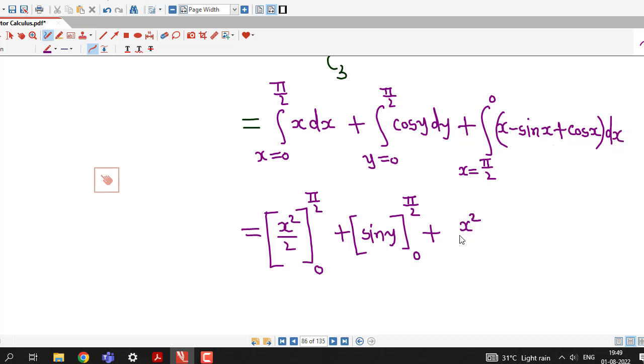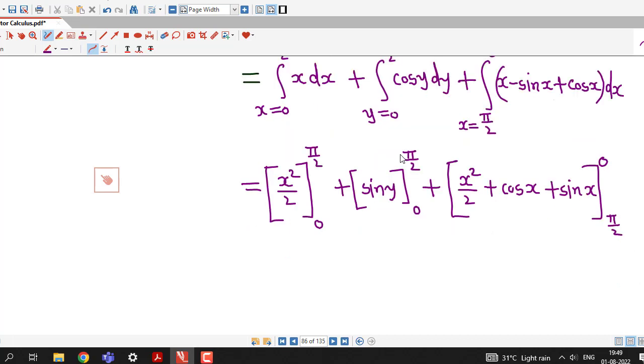Integral of x is x square by 2. Integral of sin x is minus cos x, therefore we have plus cos x. Integral of cos x is sin x. Limits of x here are from pi by 2 to 0.